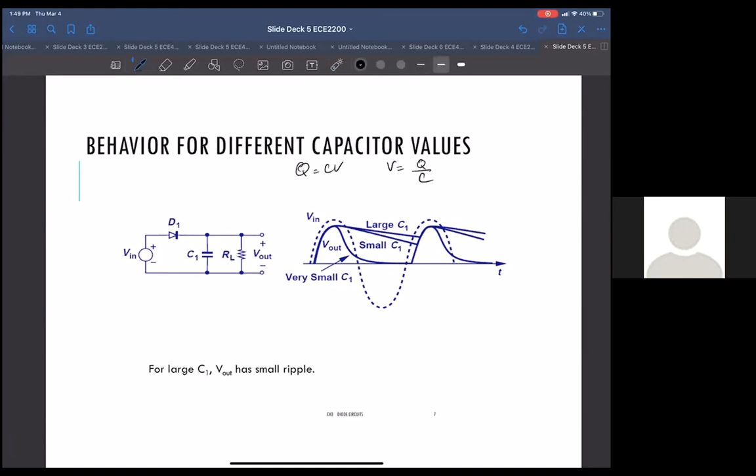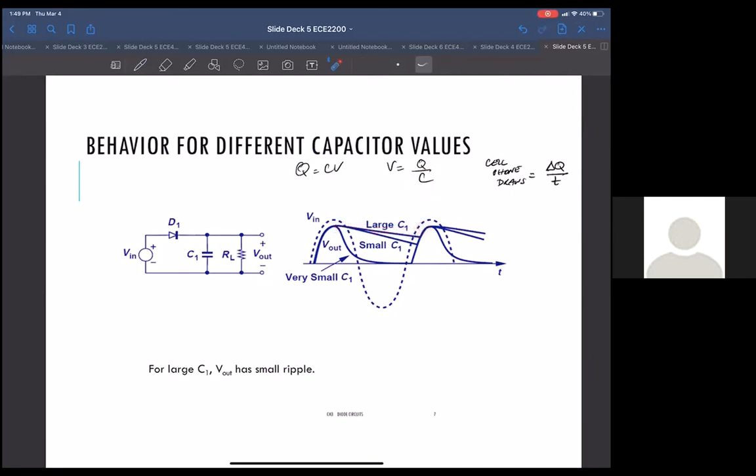Let's say your cell phone draws a certain delta Q over time, pulling in the charge at a certain rate. The larger this capacitor is, the less of a drop, the less of a difference you'll get.